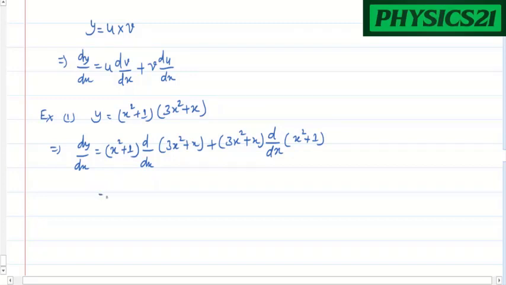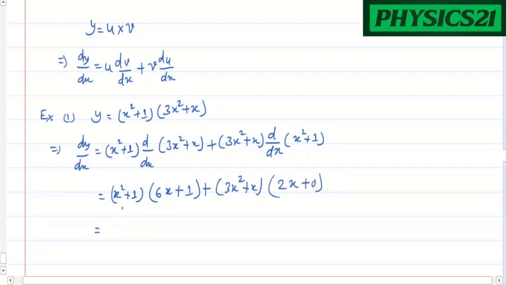Now solve it. x square plus 1 times the derivative of 3x square plus x, that will be 3 multiplied by 2, 6, x raised to 2 minus 1, so it is only 6x, and the derivative of x is 1, plus (3x square plus x) times the derivative of x square plus 1. For x square there will be 2x, and for 1 that will be 0 because that is a constant. Now further simplify it.